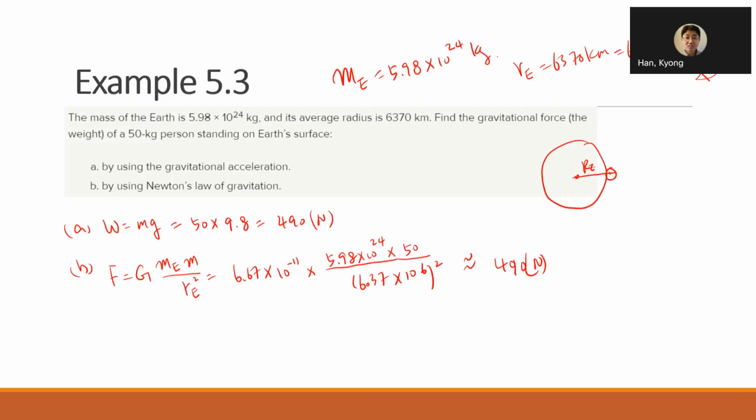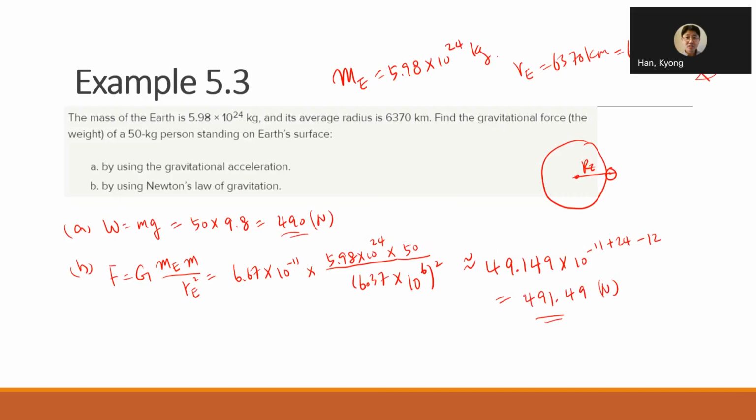That's 49.149, times 10 to the negative 11 plus 24 minus 12. This is 10 to the 6 power, squared is 12. That will be 491.49 Newton. Yeah, this is approximately correct.